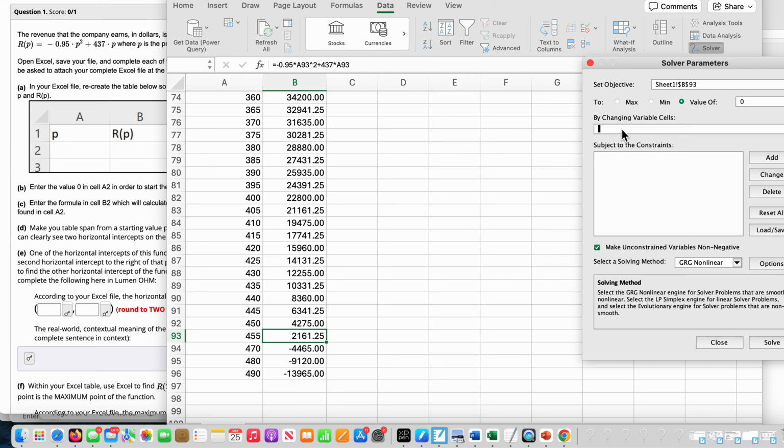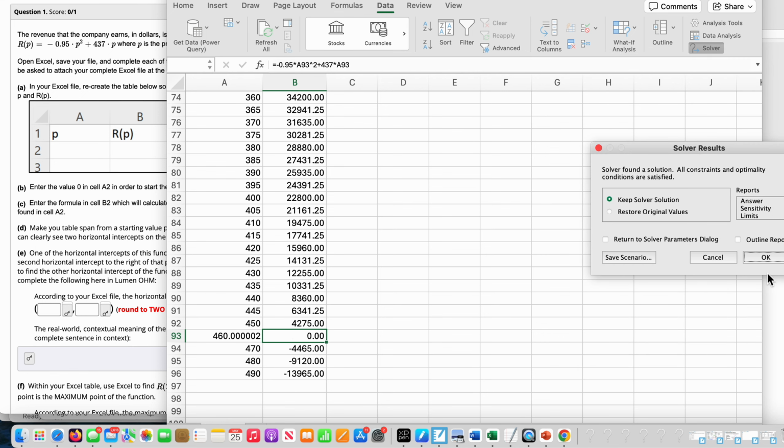And then I want to change this cell here, I want to solve for the input value that's going to give me an output value of 0. I always want to unclick this tab here, and then I'm going to click Solve.